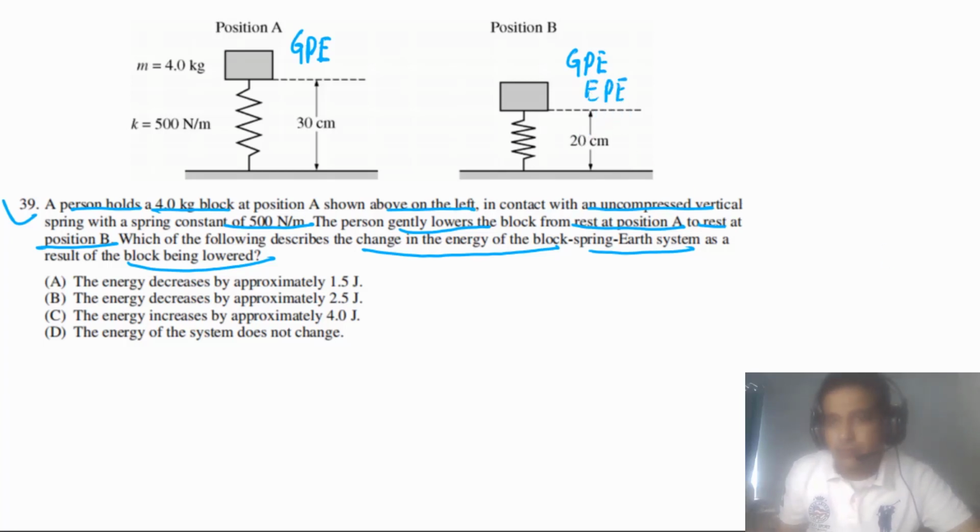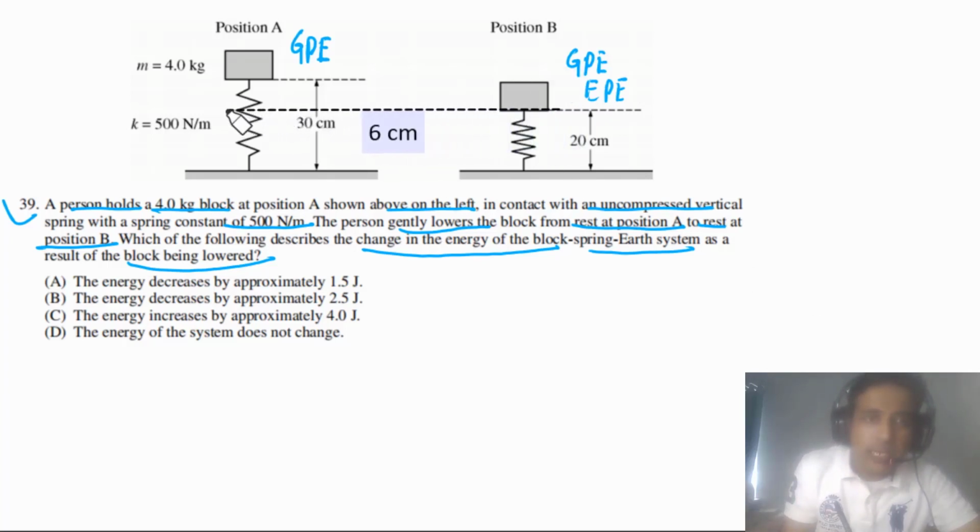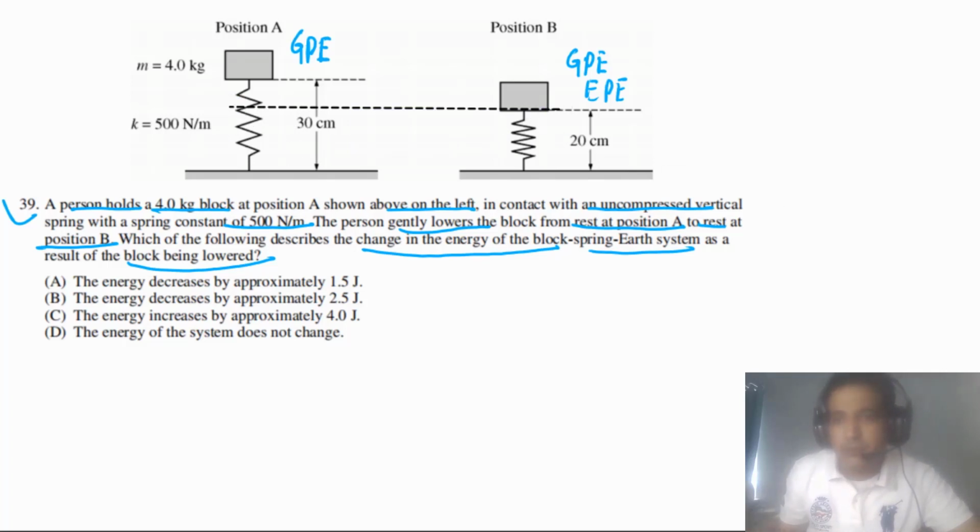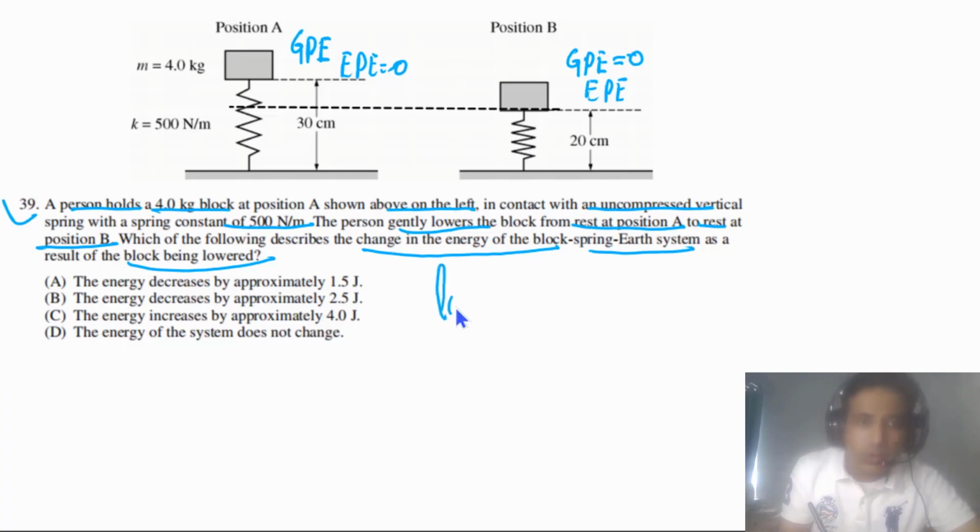But in this case, the smart way is, if we take this line as our reference point, we can say GPE at this point is equal to 0. EPE at the initial point is equal to 0 because the spring is not compressed. So in this case, we can calculate the loss in GPE.